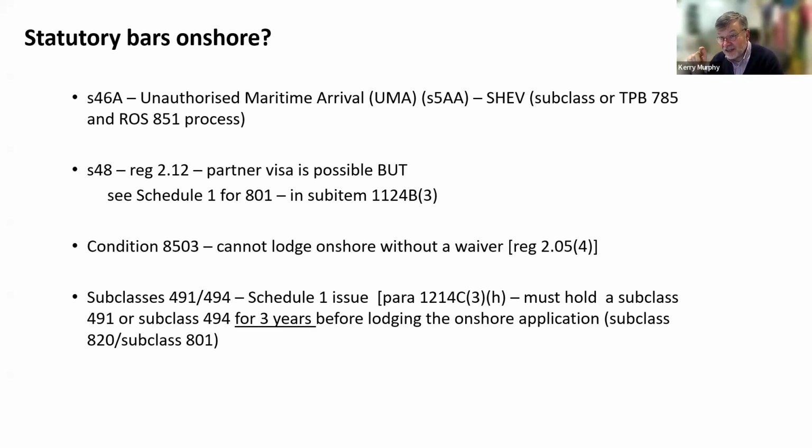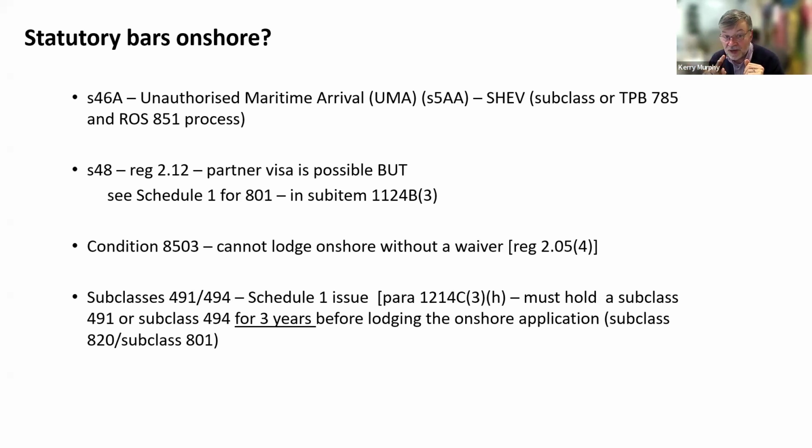Well, you can if you meet the criteria for the partner visa and the exception that is allowed in Regulation 2.12. And Reg 2.12 and Section 48 link together. Just try to somehow glue those two series of numbers together in your head. Section 48, Reg 2.12. Because 2.12 are the exceptions to not being able to lodge an application. And two of the exceptions are partner visas.